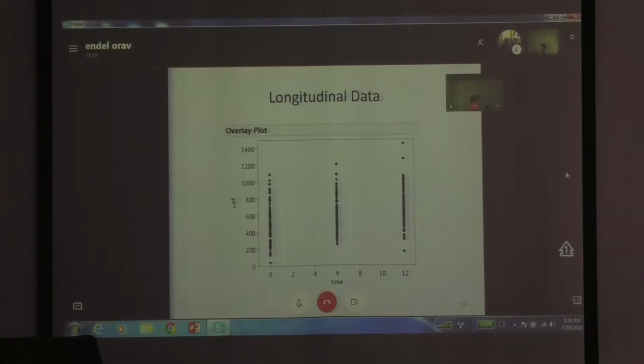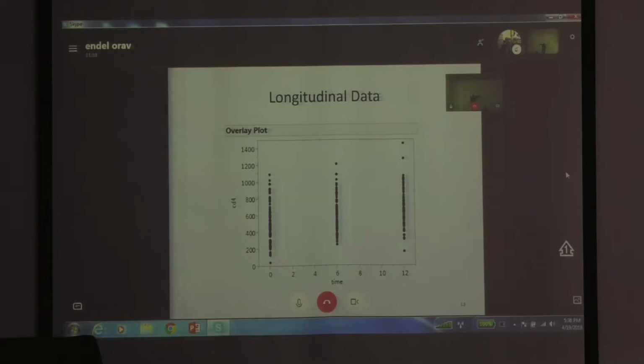What's lost in this particular version of the presentation is the fact that these are the same patients at month 0, 6, and 12. For all you know, if I hadn't given you the background, at time 0, those could be a group of patients diagnosed, have their CD4 counts measured.